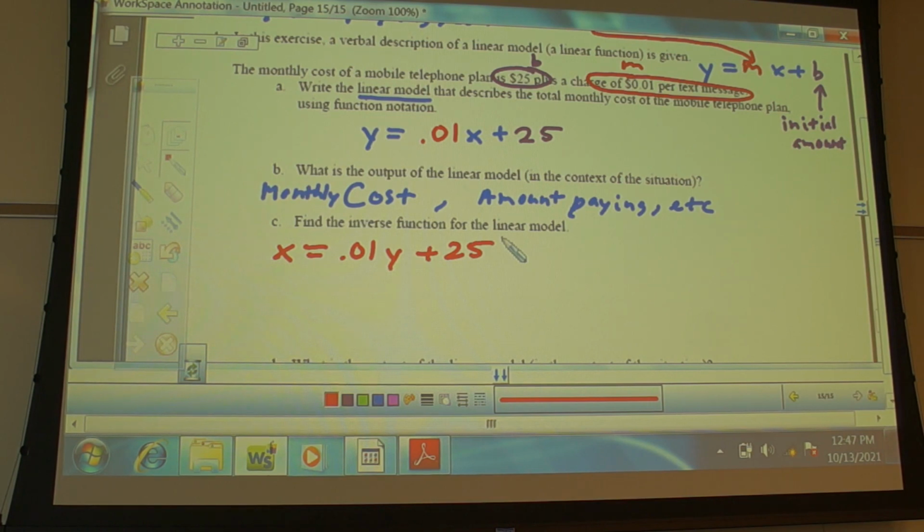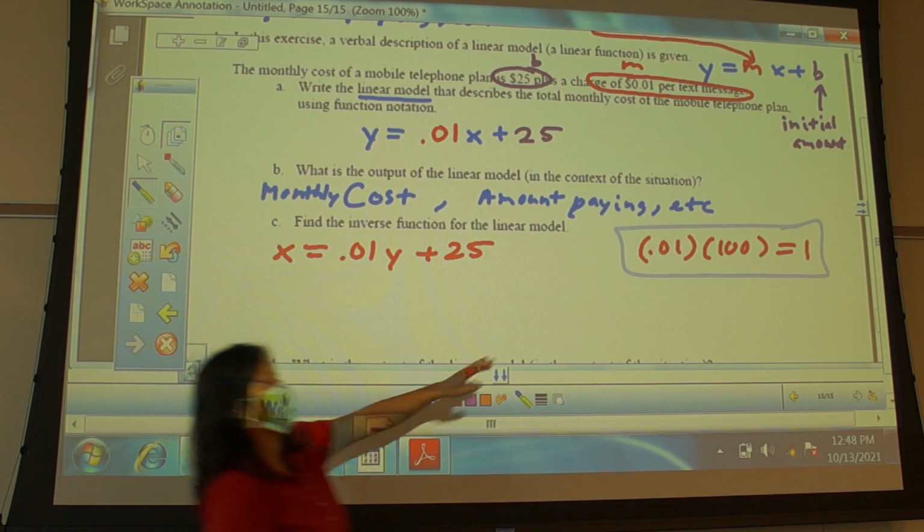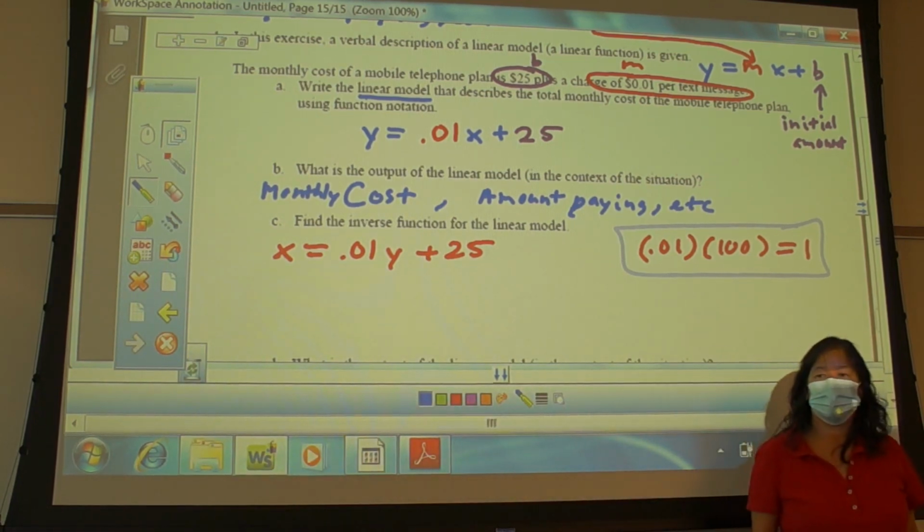Okay, I will tell you the multiplicative inverse of 0.01 is 100. So keep this in mind. This is like the reciprocal, kind of.